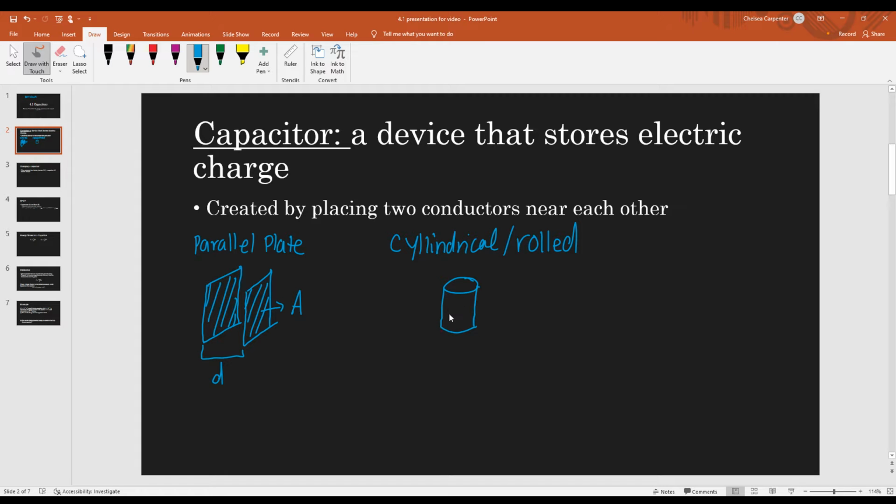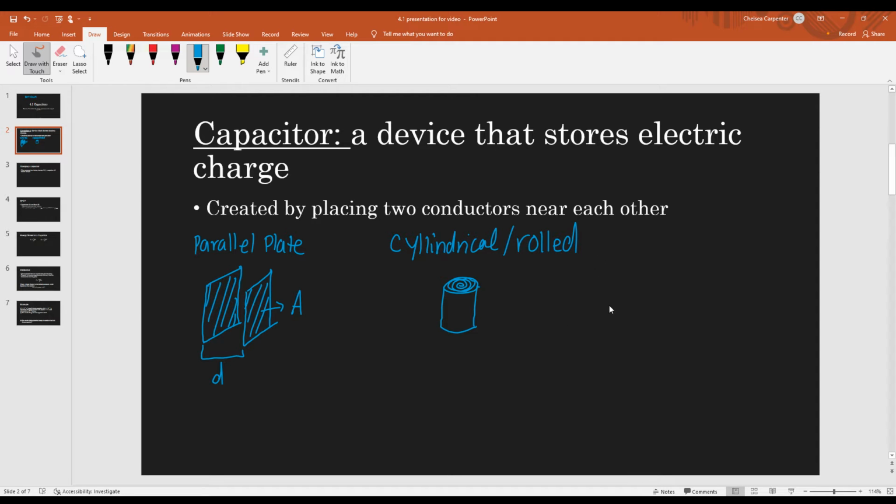So I have some of these in the classroom I'll show you when I'm back, but pretty much just like a little spiral, like a Swiss roll. So it's two parallel plates, but they're rolled up so that you can have a greater area in an overall smaller package.